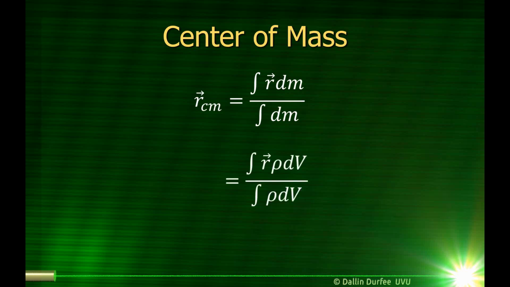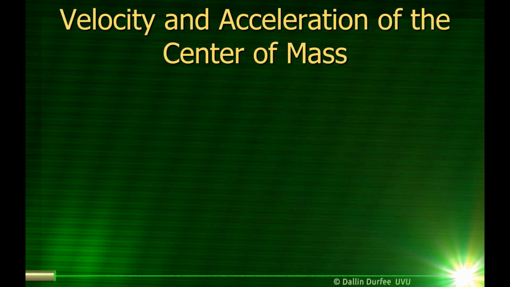Of course, a little piece of mass is density times a little volume, so we can replace dm with density times d volume. And the bottom integral is just the total mass of the system. So this is how you would find the center of mass for something continuous rather than a bunch of point masses with finite masses.